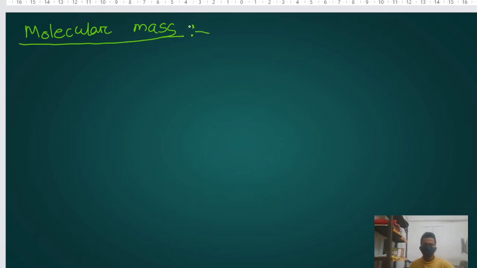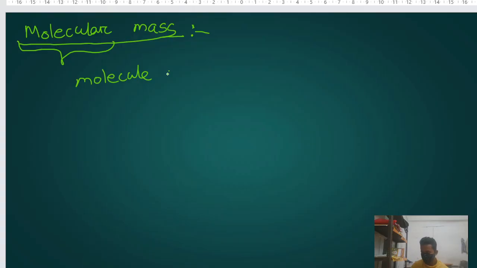So first is molecular mass. What is molecular mass? From the name of this word, molecular, you can guess that it is related to a molecule. So we have to find the mass of a molecule of a compound.